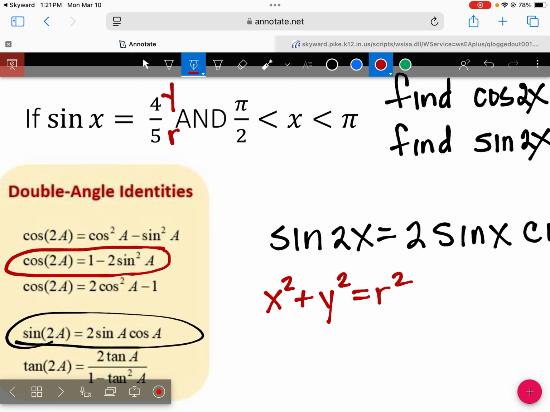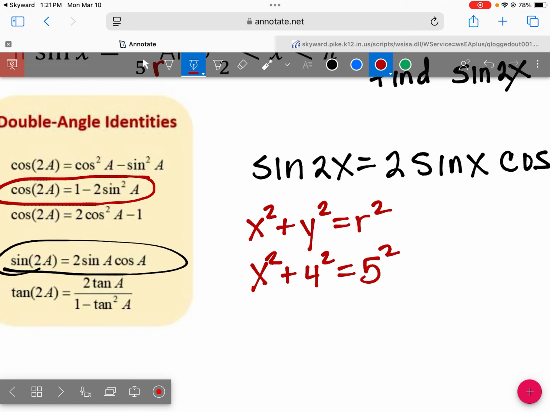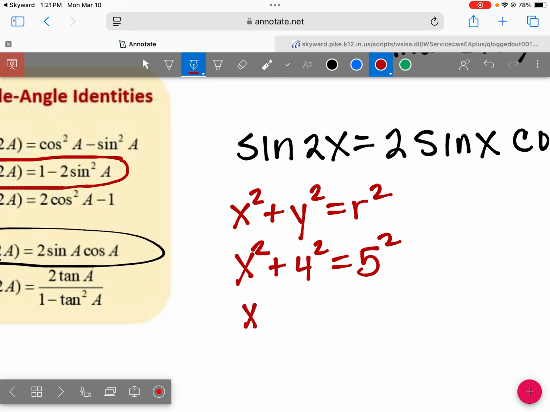Okay. So we got x squared, which we don't know. And you might already know what this is, because this is a Pythagorean triple. Yep, it is 3. I would not personally do all these steps, but if you don't recognize that 3, 4, 5 is a triangle, then by all means do that.